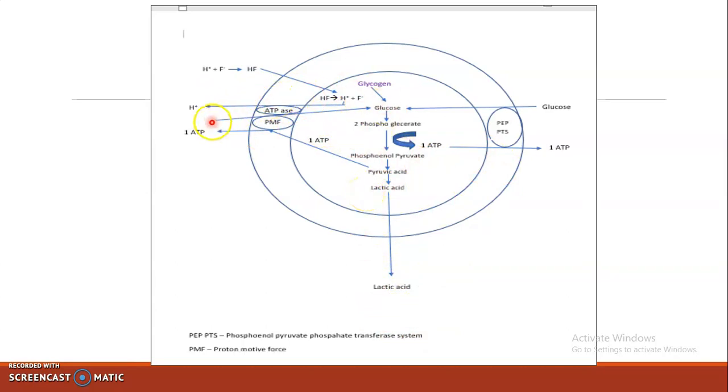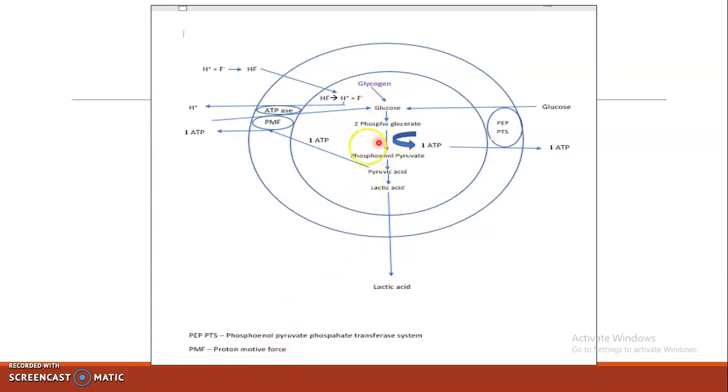Next, glucose enters the cell through two mechanisms. The first mechanism is in exchange of an ATP produced in conversion of phosphoenol pyruvate to pyruvic acid. That ATP which is produced is exchanged for glucose by a force known as proton motive force. PMF stands for proton motive force.